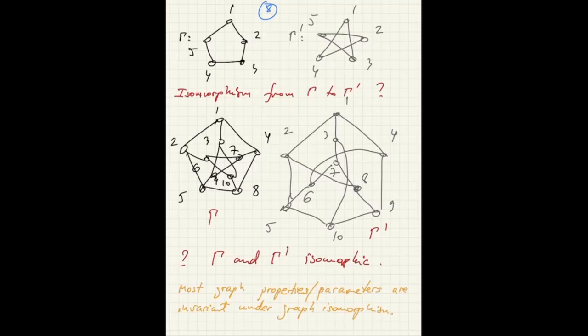So to give you an example, if gamma and gamma prime are isomorphic, then they have the same degree sequence.